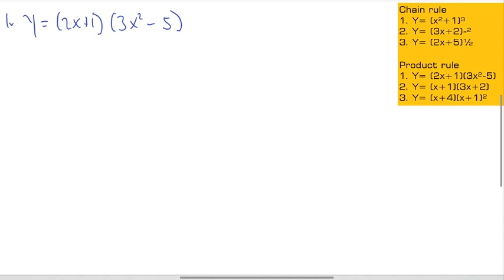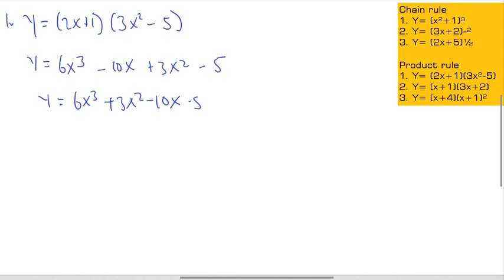Again, you can just simply multiply out and let it be a straight polynomial. So multiplying out, y is equal to 6x cubed plus 3x squared minus 10x minus 5. And then if we differentiate it, dy/dx, we should be having 18x squared plus 6x minus 10, right? This is the answer we are expected to get.